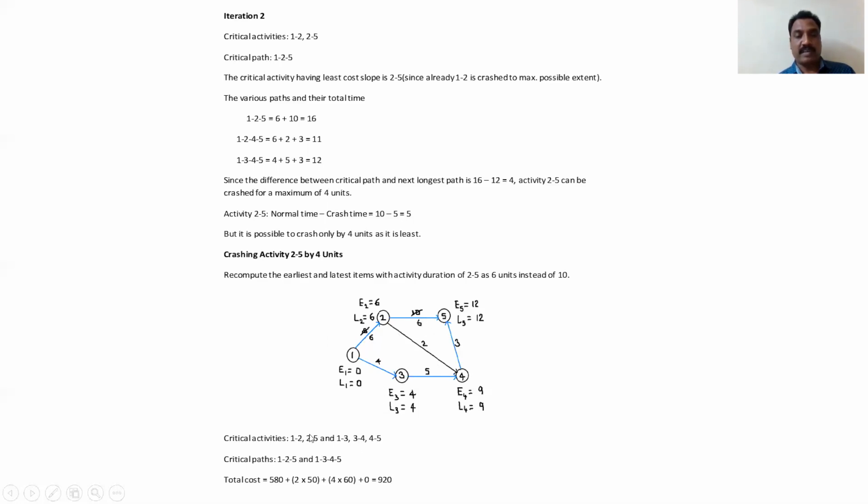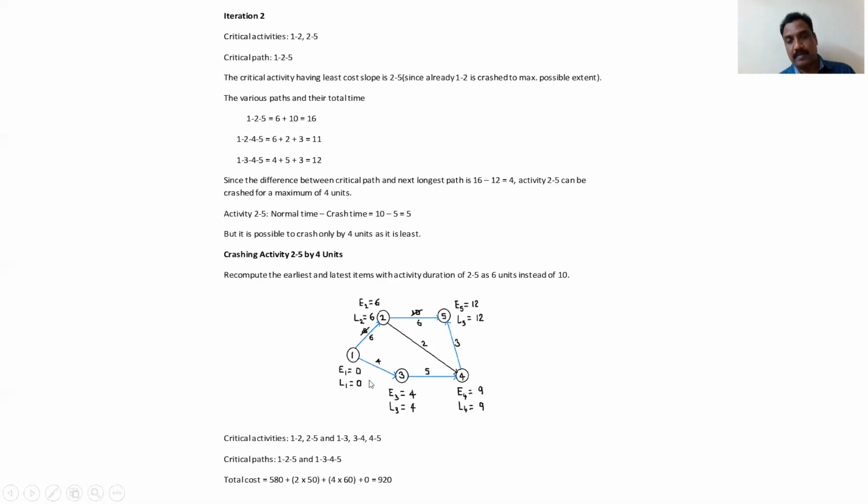Okay. Now, how many units did you reduce? 4 units. What is the total cost? Earlier already 500 plus 2 into 50 for the first iteration, and the second iteration is 4 into 60 because the cost slope is 60. Now the total is 920 rupees. Now we got this, and see, some more critical paths appeared here.